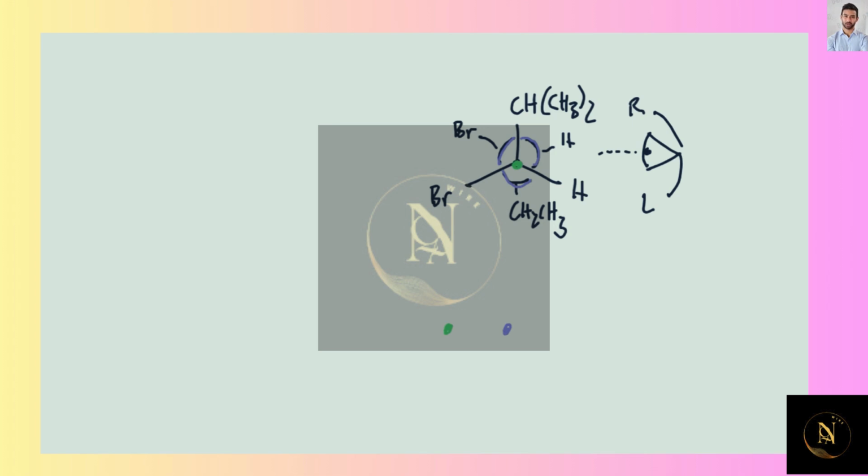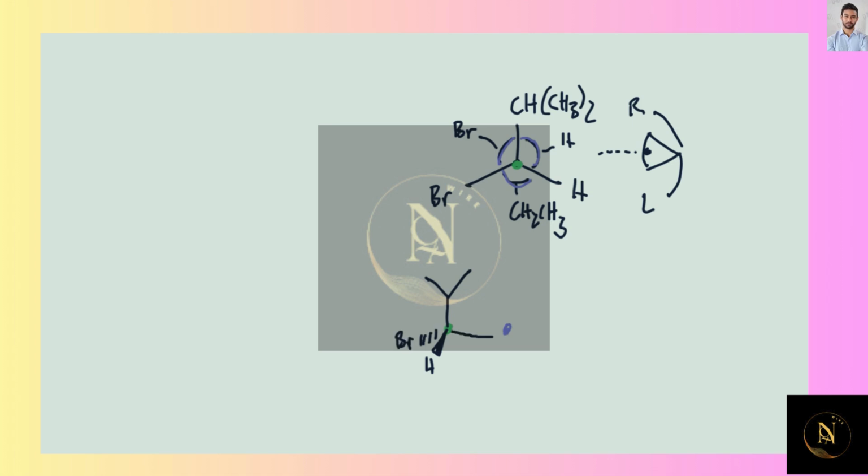And what I see is that coming towards us is a hydrogen, going away from us is a bromine, and going up is a CH with two CH3s on it, right? So CH, CH3, CH3. Coming towards us is a hydrogen, and going away from us is a bromine.